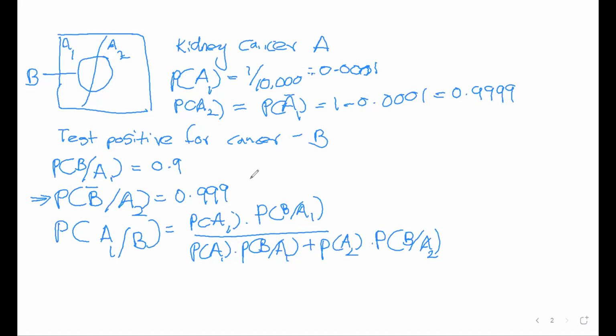So using this, we can find P(B given A2), that is 1 minus P(B bar given A2), the complement, which equals 0.001.